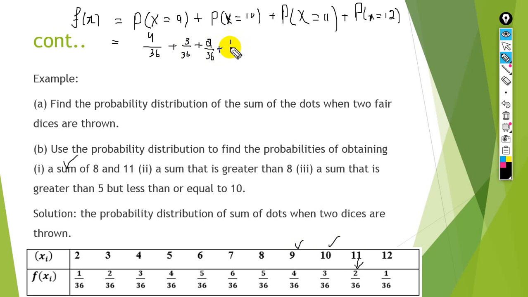The probability of 12 is 1 divided by 36. So now the answer will be what?